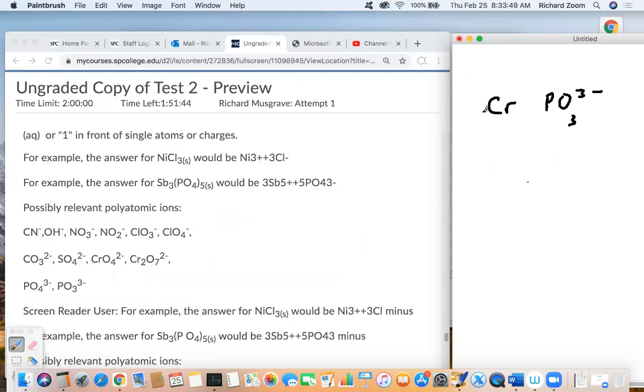What that means is the total charge is -3. The total positive charge then is +3, and that would be Cr3+. So the formula here, Cr3+, and I'll go ahead and put it in the initial form here, PO3 3-. Does anybody have any questions?